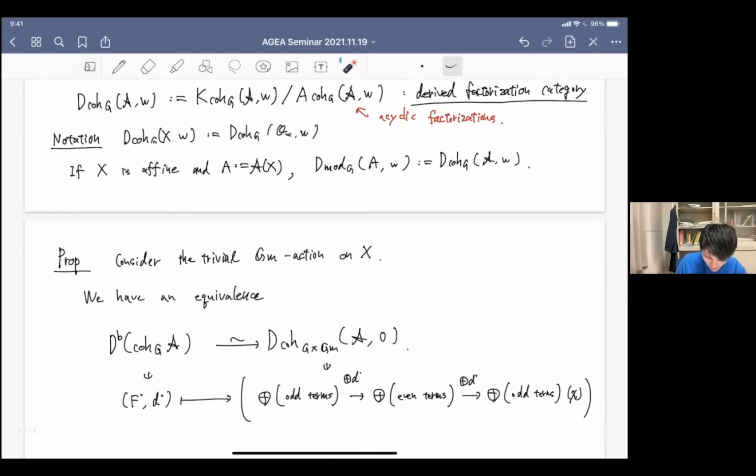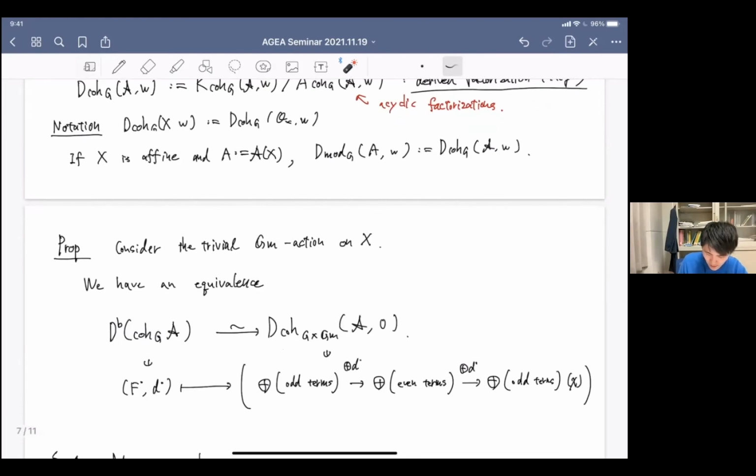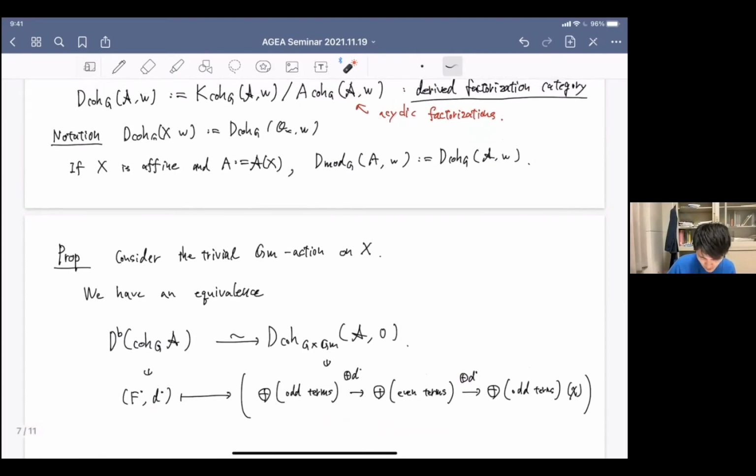And this functor is defined in this way. The complex F with differential d is mapped to a factorization of this form. And it is easy to see that this natural functor is an equivalence.